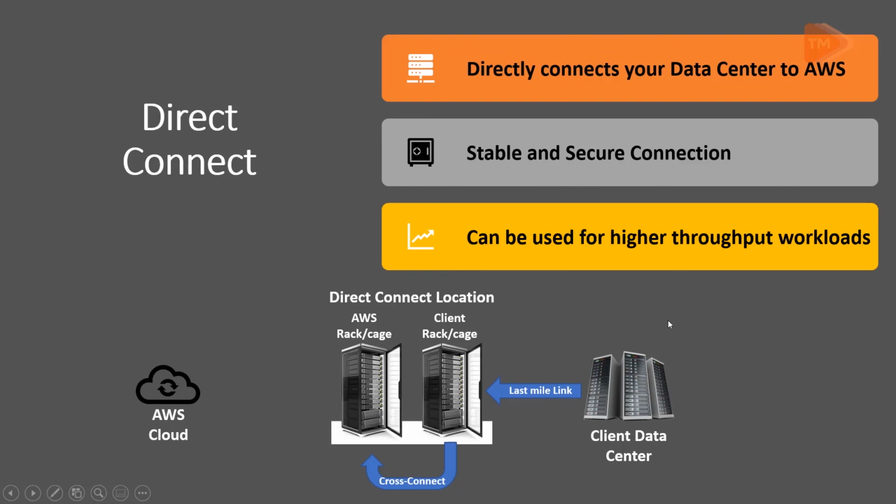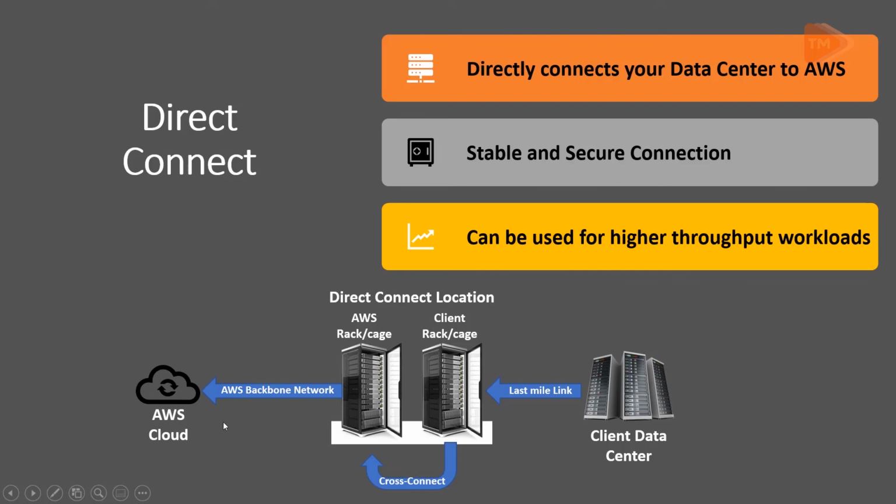This would run into your rack or cage, and there will be a cross connect to the AWS rack or cage, which is directly connected to the AWS backbone network and the AWS cloud. This would be the main area where the AWS hosting is done.